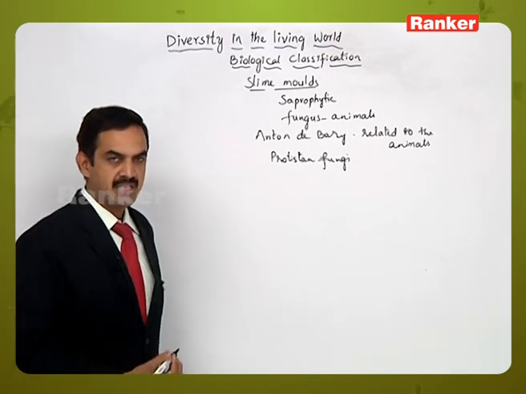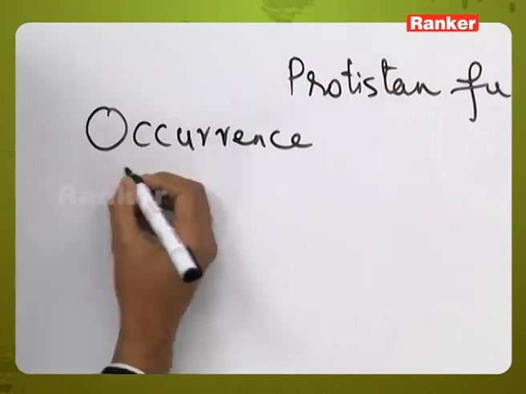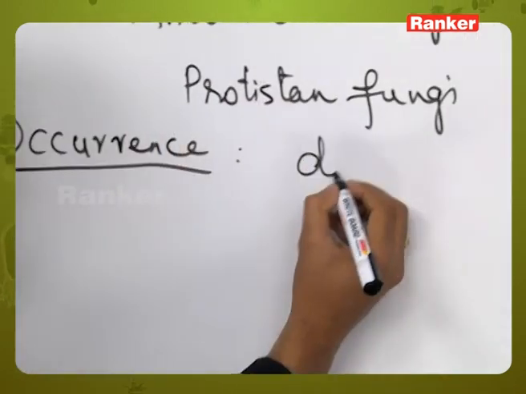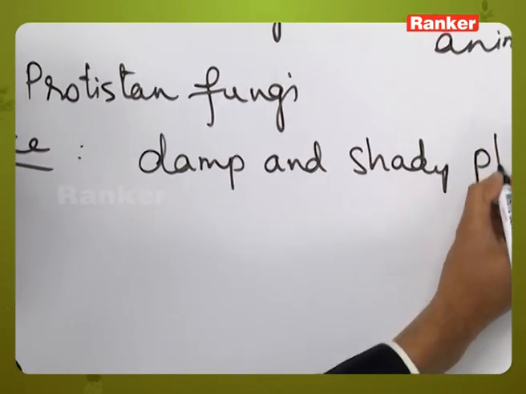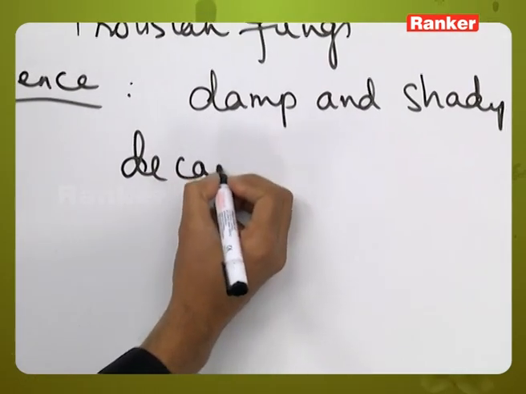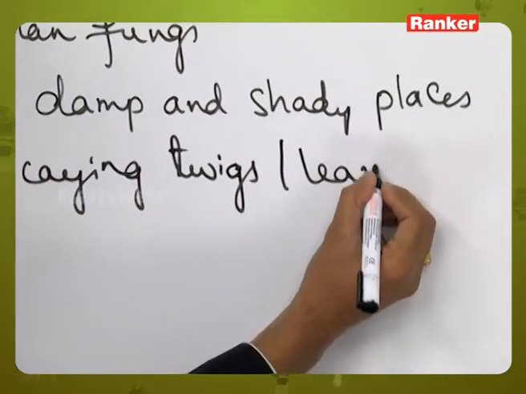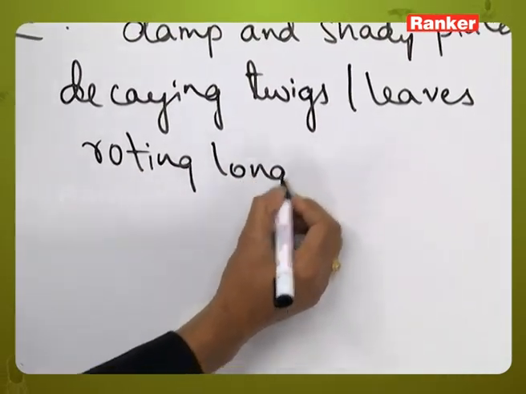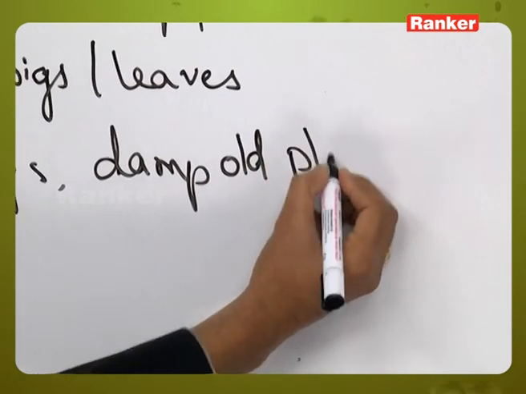And if you observe the occurrence of these slime molds, these are widely distributed and growing in damp and shady places, particularly found in decaying twigs, decaying logs or leaves, and also in rotting logs, damp old plant woods.